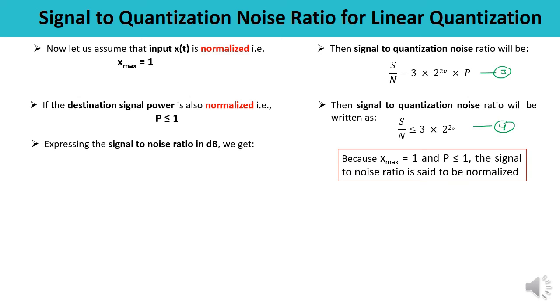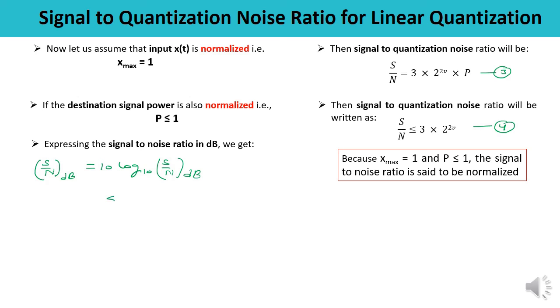So expressing the signal to noise ratio in dB, what can you write? Signal to noise ratio in dB is equal to 10 log, the base of log is 10, of the signal to noise ratio. This is how you can convert it into dB.